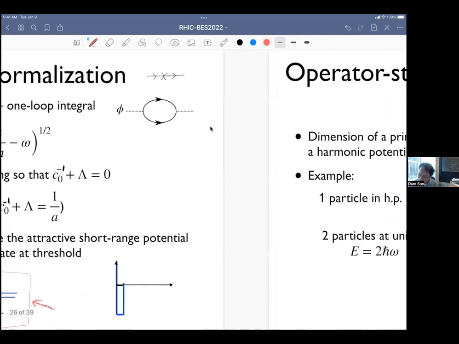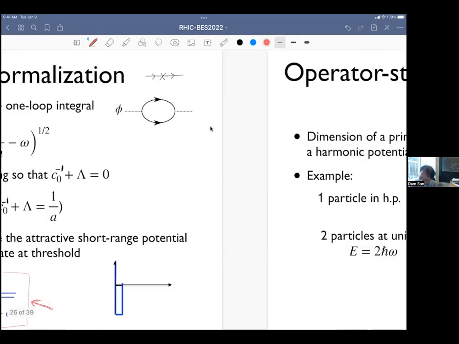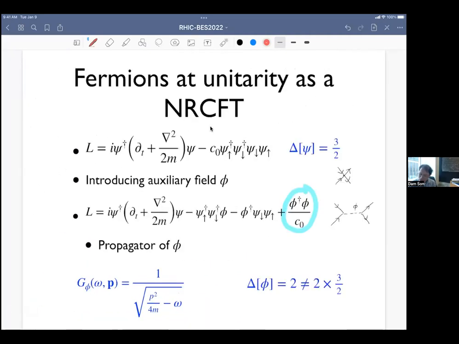So this propagator corresponds to an object which has dimension 2. In the field theory that we have written here, one can do dimensional counting and check that the dimension of the elementary field psi is 3/2.